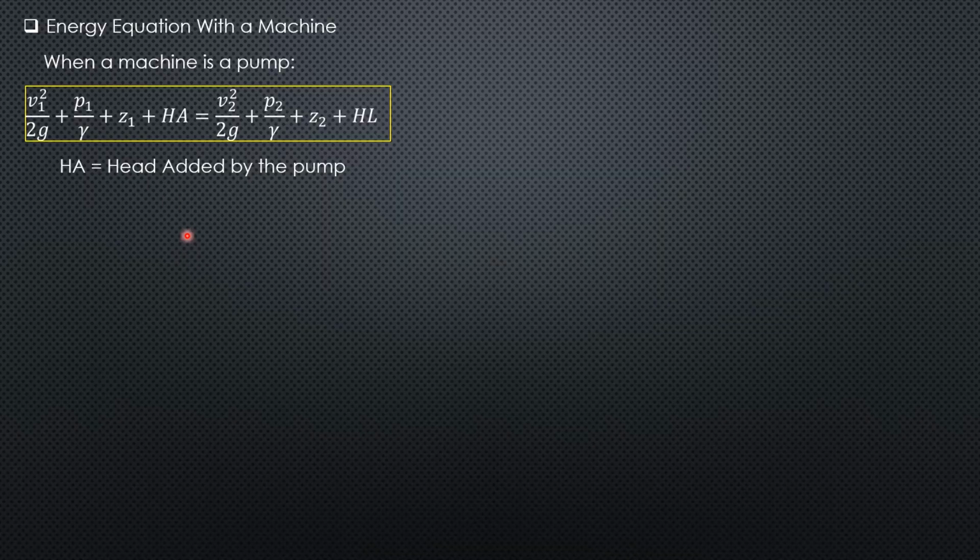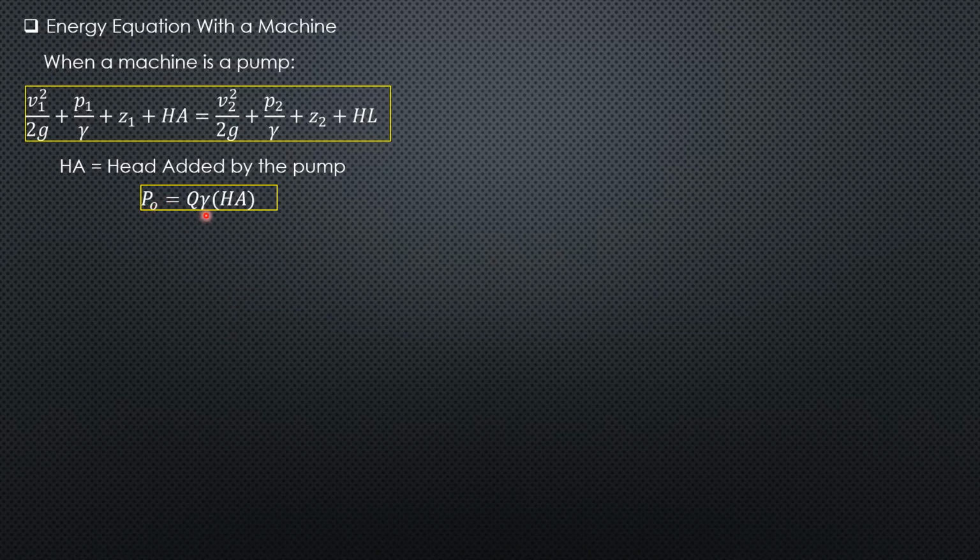Therefore, if a pump is installed, the power that it will generate is output power, Q gamma times head added. Why output? Because the input power to the pump is either electrical energy, for the pump to operate, you have to plug it into an electrical source, or driven by a motor through fuels, so mechanical energy.